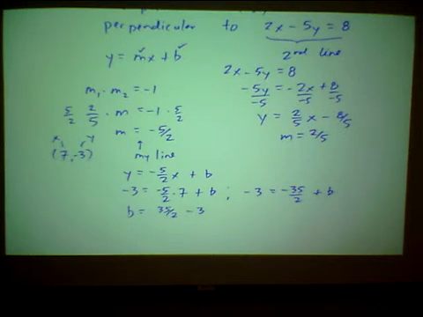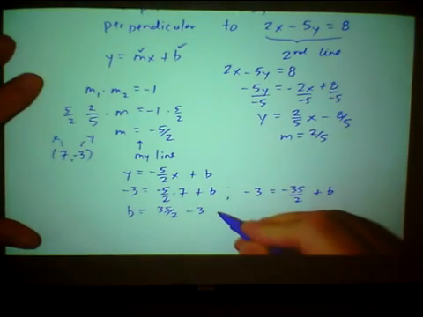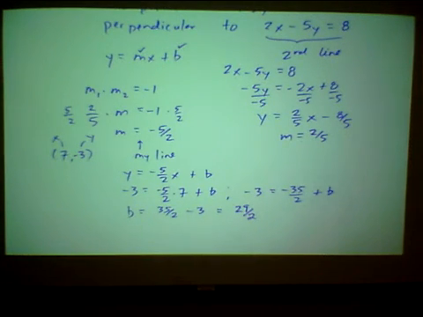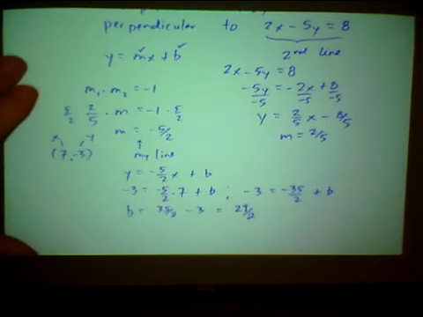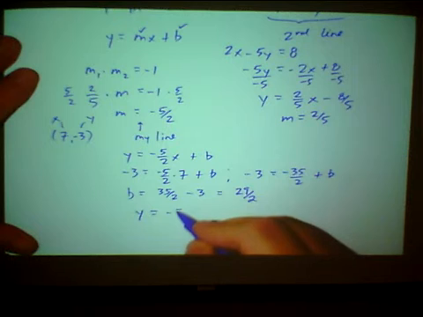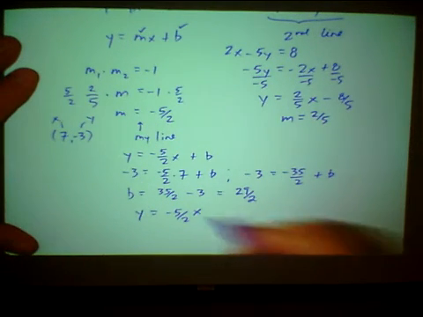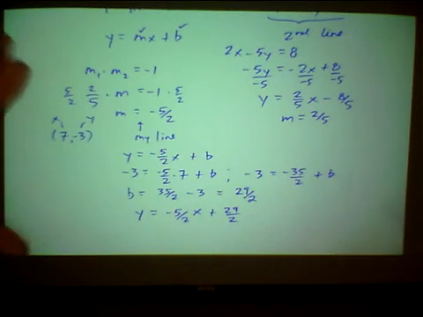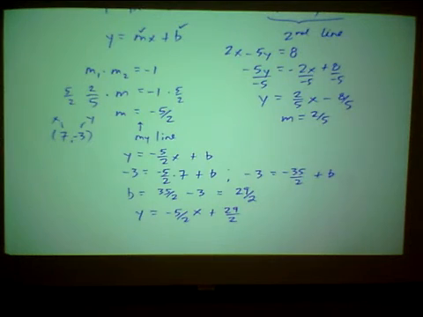Now if I combine these, writing 3 as a fraction of 6/2, so I believe, if I didn't make any math errors, b is going to be 29/2. So now the equation of my line is y equals -5/2 x plus 29/2. So that's the equation of the line in slope-intercept form.